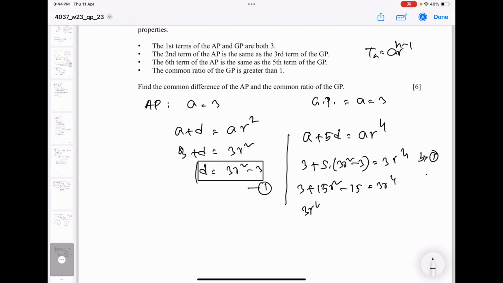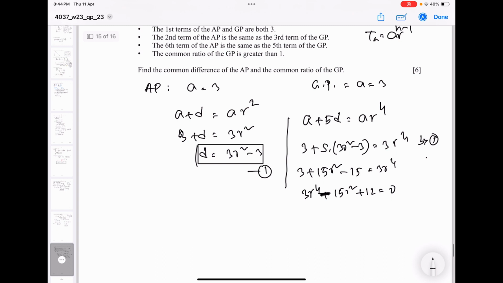3 r to the power 4 minus 15 r square plus 15, plus 3 minus 15, so plus 12. Divide by 3: r to the power 4 minus 5 r square plus 4 equals 0.